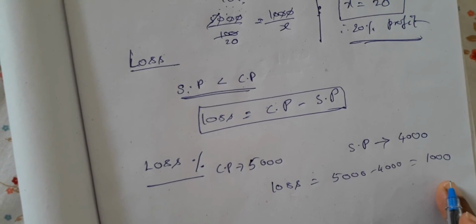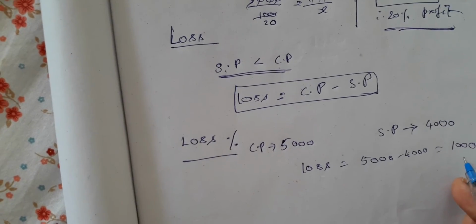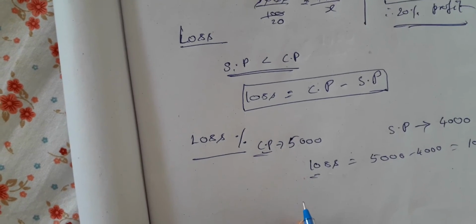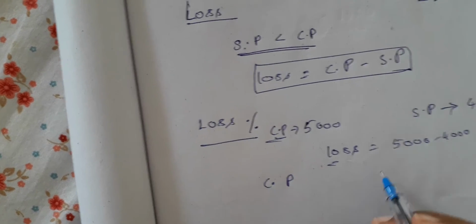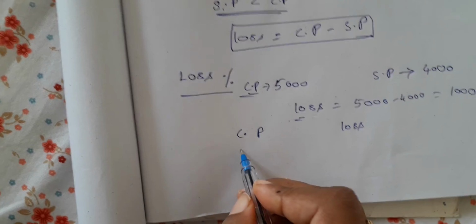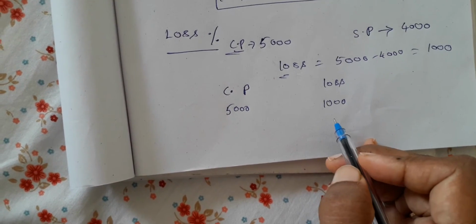Now loss percentage. Which two things do we want? Cost price and loss. Those two things we will be writing in columns. 5,000 is the cost price and 1,000 is the loss.